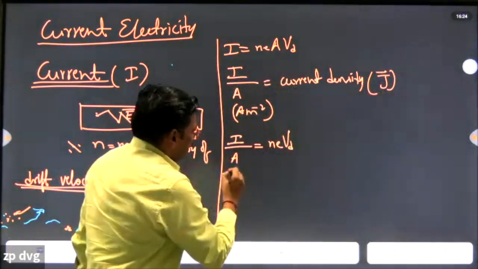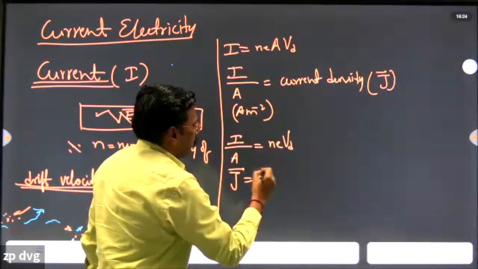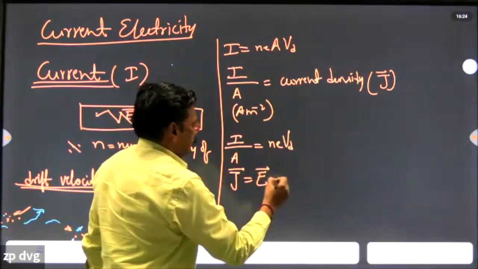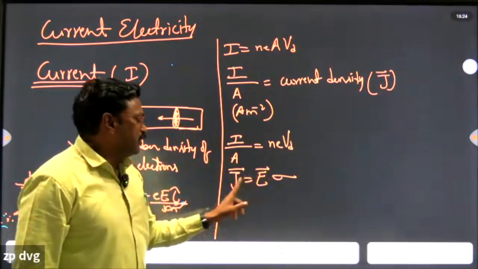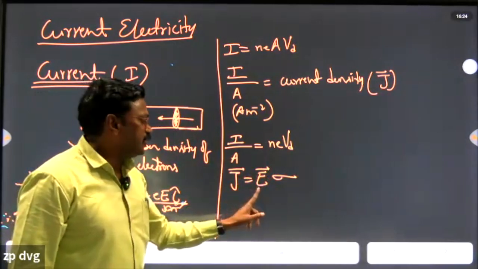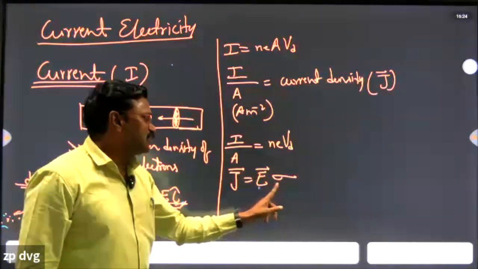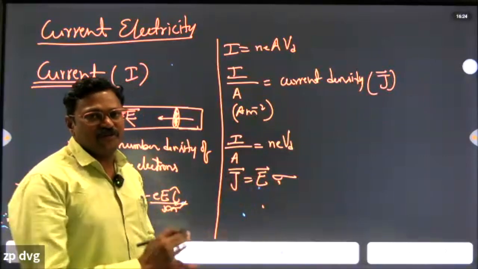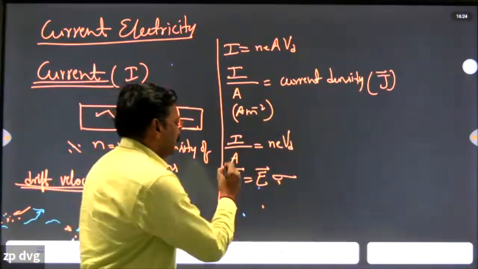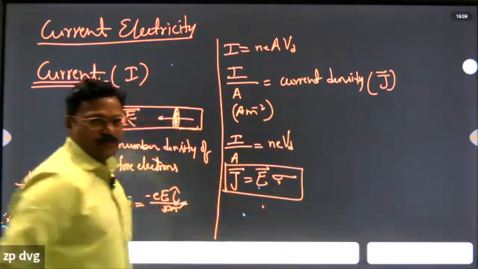So another expression for current density is this: current density J is given by sigma into E bar. J is the current density, E is the electric field, and sigma is called conductivity. Okay, this is also called the vector form of Ohm's law. This relation is also known as the vector form of Ohm's law.